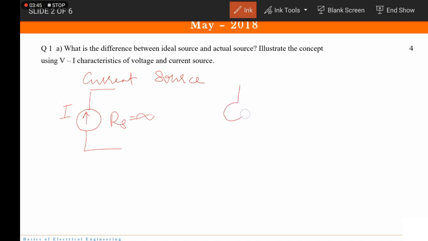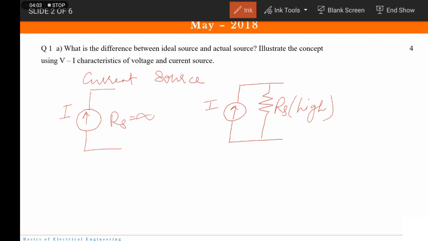However, if you consider it to be an actual source, then you have to consider its internal resistance, which is very high, and it is assumed to be connected in parallel.